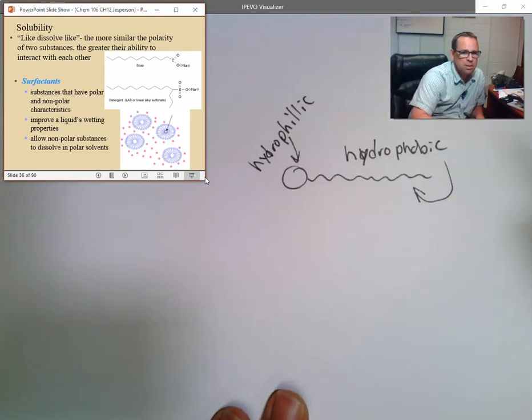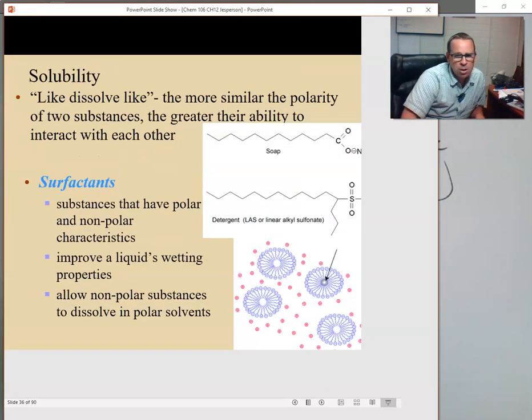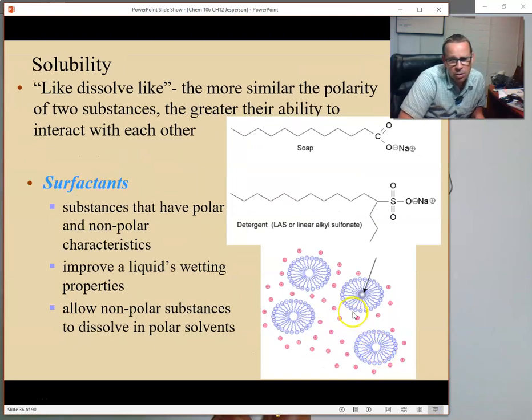And what happens is, like we have drawn here in this structure, I have all of these little purple soap molecules sticking their hydrophilic heads out towards the water. You can think of these purple things as the water, with the hydrophilic heads out towards the water and the hydrophobic tails in towards the middle.